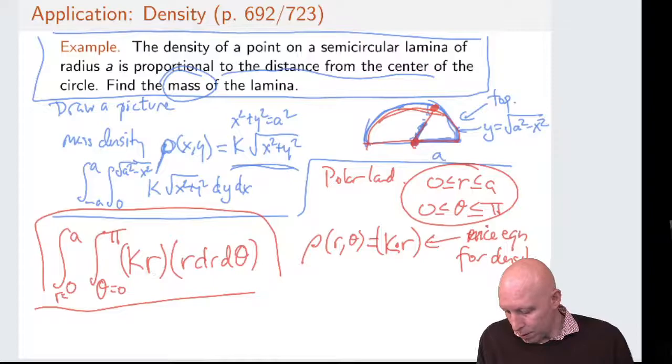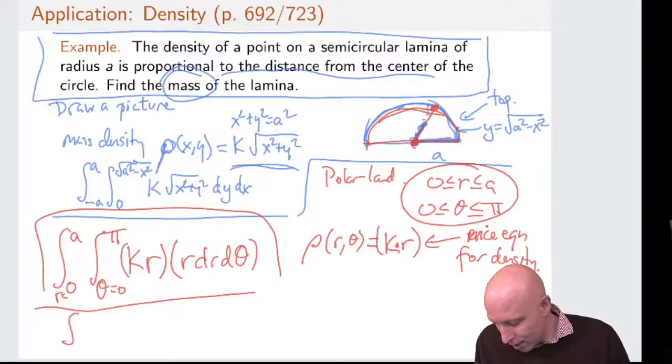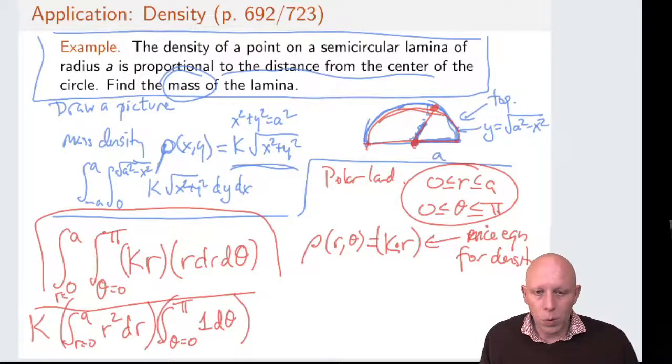Just like before, we really do have a function of r times a function of theta. So we can write this as an integral from r equals 0 to a of r squared dr. I'm going to even bring the k out. And then I have an integral for theta equals 0 to pi of 1 d theta. And I can then just multiply these two integrals together.